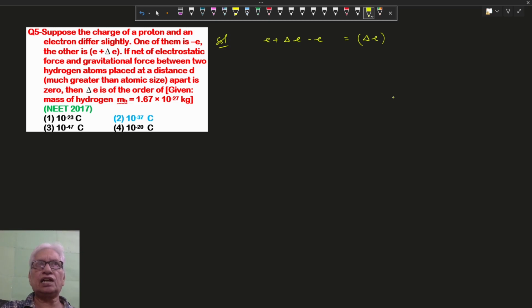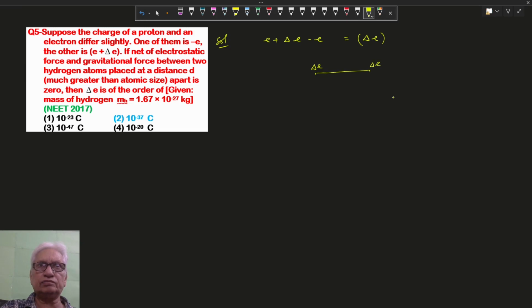Question: charge on proton and electron is slightly different. So charge on proton plus delta e on electron, so this is the difference of charge. This is the charge on hydrogen atom.